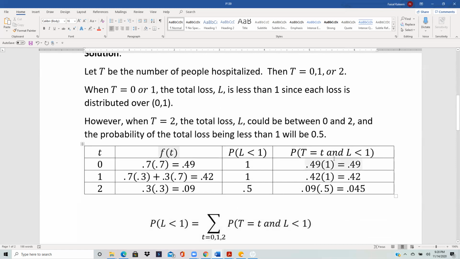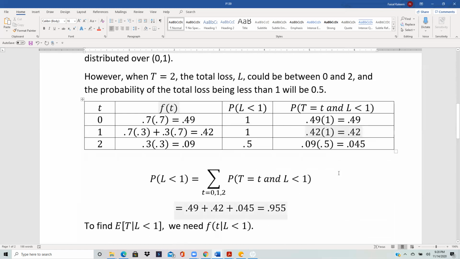We did all this in order to calculate the probability of the loss being less than 1. So it could be T equals 0 and loss less than 1, or T equals 1 and loss less than 1, or T equals 2 and loss less than 1. And "or"s mean addition, so you add these three to give the probability of loss less than 1. That comes out to be 0.955.